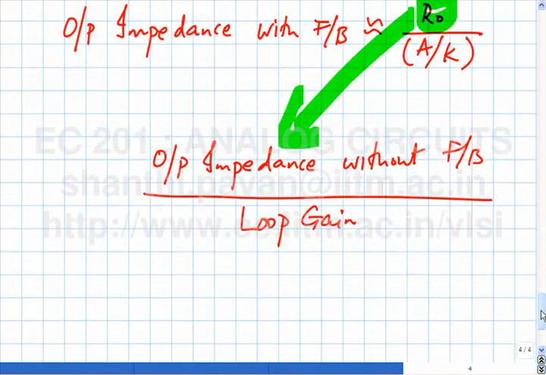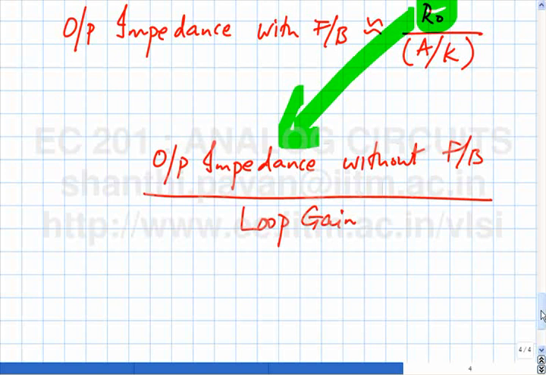What I want to point out is that clearly the math is telling us that the moment you apply negative feedback around an amplifier with an output impedance R0, the output impedance of the feedback amplifier is reduced dramatically from the output impedance without feedback.